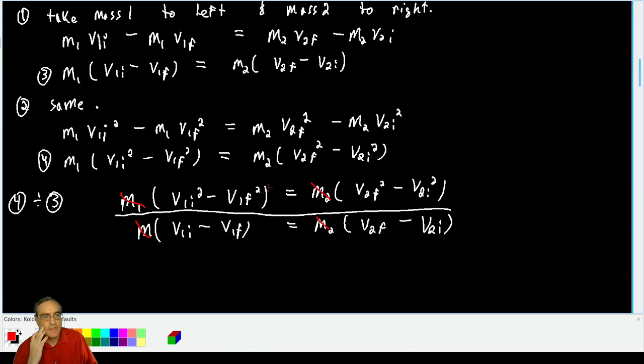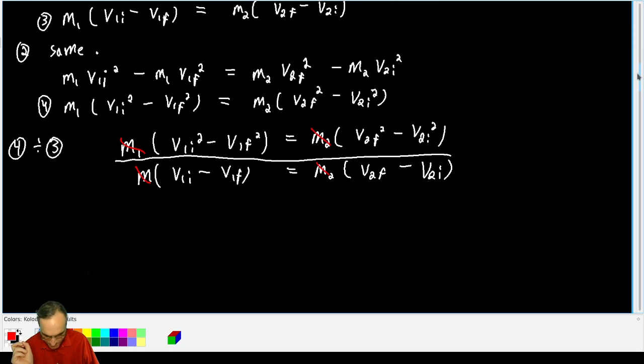Also, the top is the difference of two squares, a squared minus b squared. Well, a squared minus b squared factors into a minus b times a plus b.